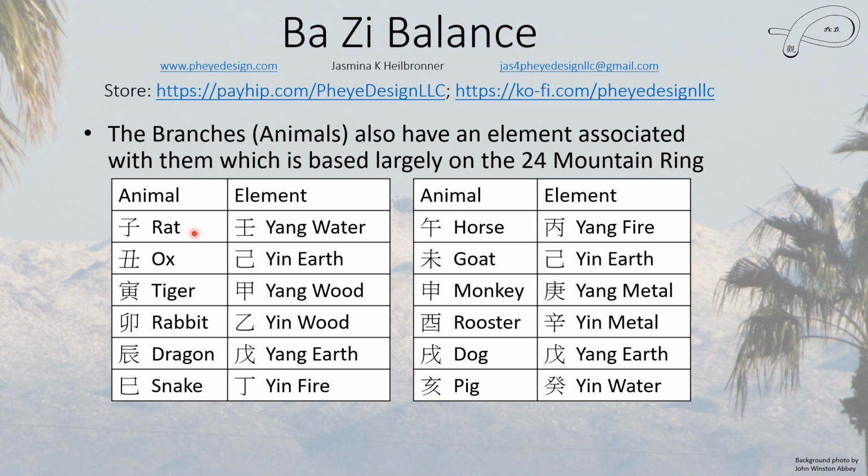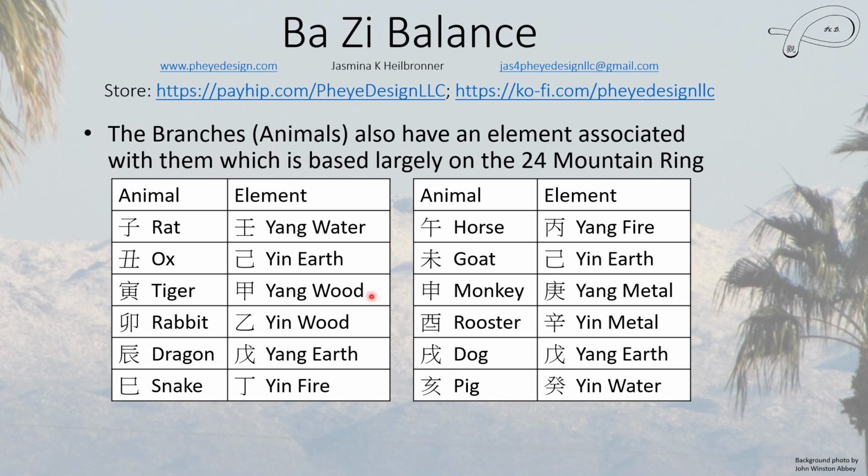But whether it's yang or yin water will depend on the polarity of the animal. So a rat is male or yang, so it's going to be yang water, even though in the clockwise direction it is yin water, but it's still water. And the pig, being yin, will take the yin water.